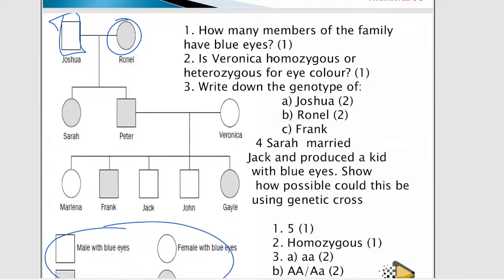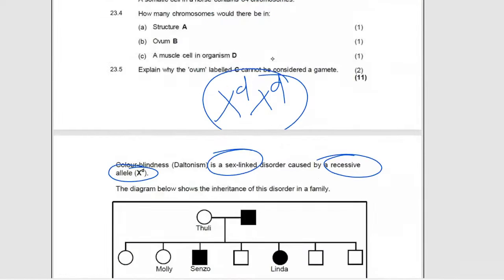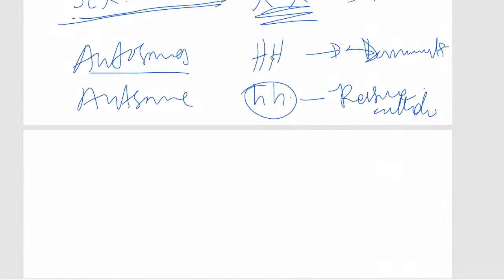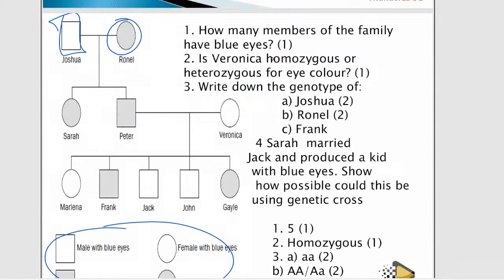So they have not mentioned anywhere that this is sex-linked. But if you check on this question, they say that this is sex-linked and caused by a recessive allele. So you need to understand the 2 concepts. They have talked about Joshua. We know Joshua is a guy. And then Ronel is a what? Is a female.